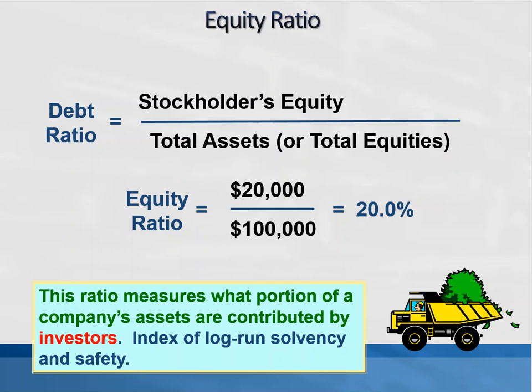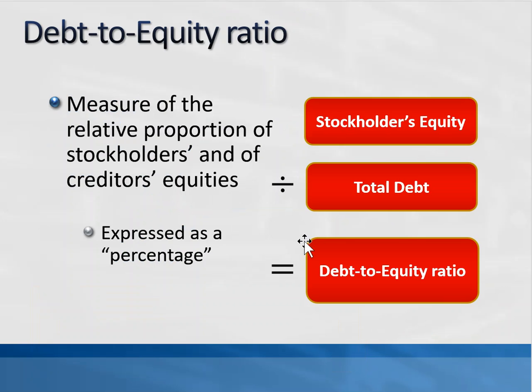So a higher number here means less of the assets are financed through debt. That is somewhat similar to what we're seeing here, a measure of the company's stockholders' equity in relationship to total debt. So we get what's called a debt to equity ratio.